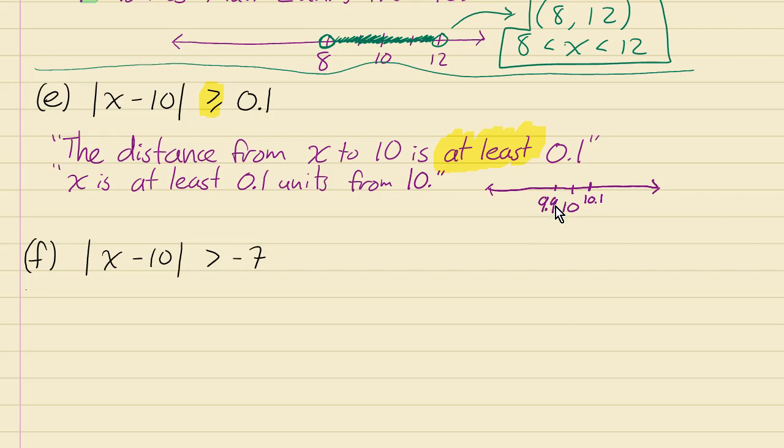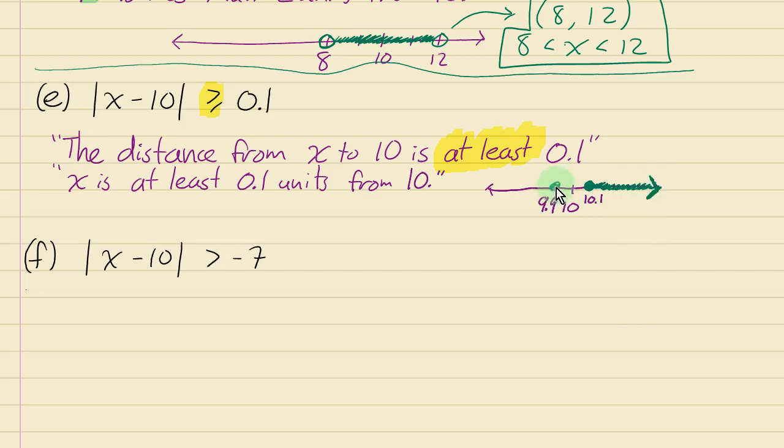We want the distance to be further away than these points are from 10. If we shade that in, it would include 10.1 itself because it's greater than or equal to. So at least, or greater than or equal to, means that actual value counts. So I'm going to make a solid dot there and shade in all this stuff.